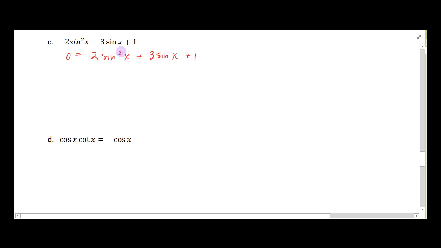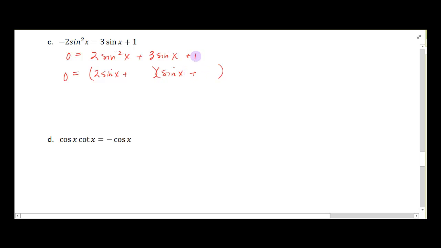And since I have a squared term, a regular term, and a constant, I can try to factor this. So I'm going to break it up into its two sets of parentheses. The first term would break up into 2 sine x and sine x. This sign tells me I have two addition signs, so I have a plus and a plus.